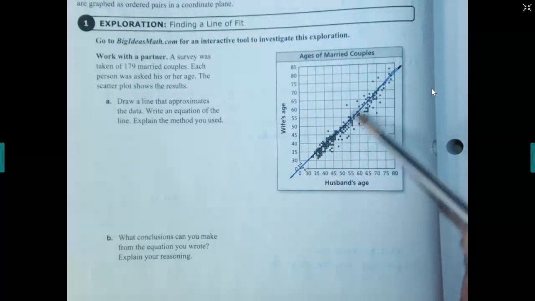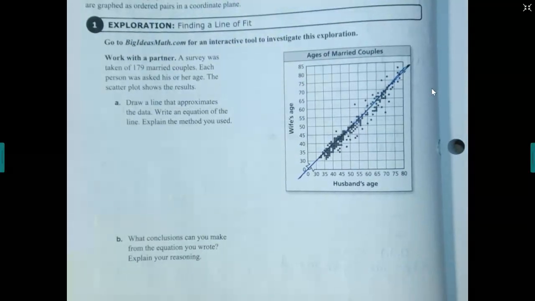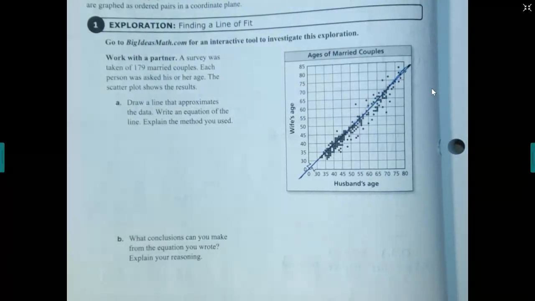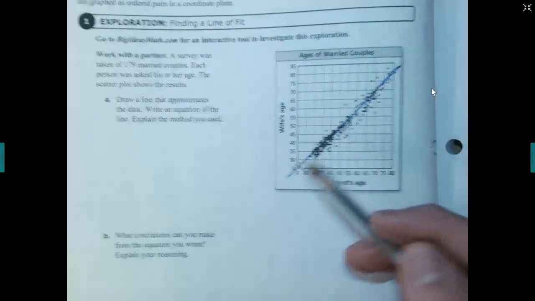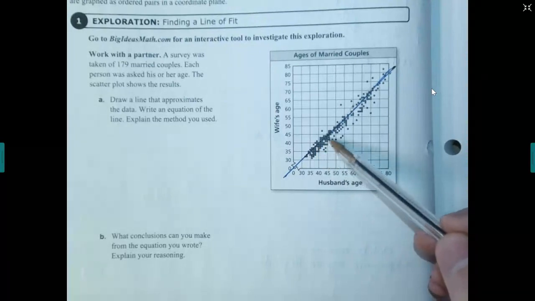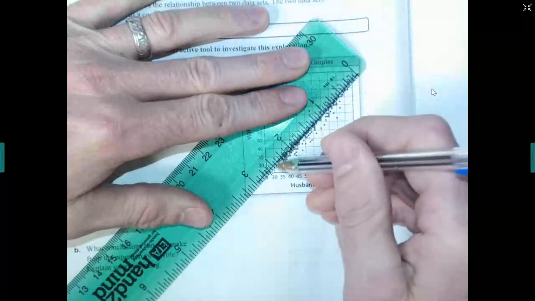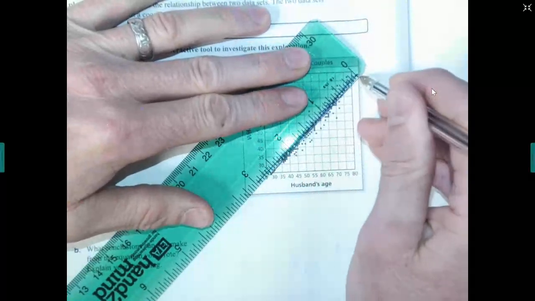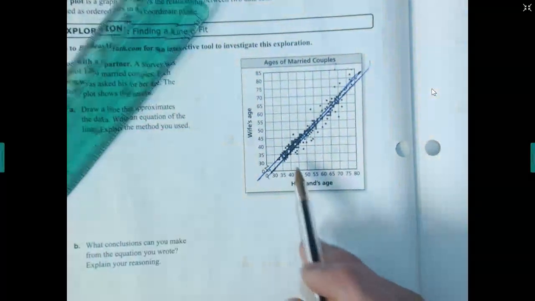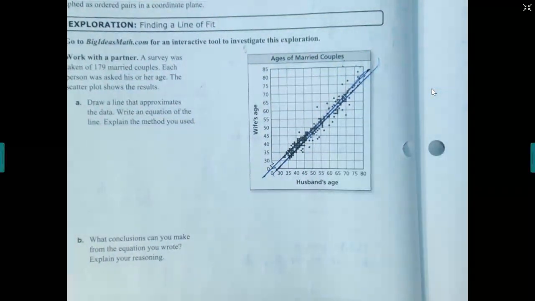Well, my line goes up this way, so this is a positive slope. And I also have a fairly equal number of points above and below, maybe a few extra below. It's not going to make a huge difference, but if I were to redo the line, now most are above. So some line in between those two would be my line of best fit.